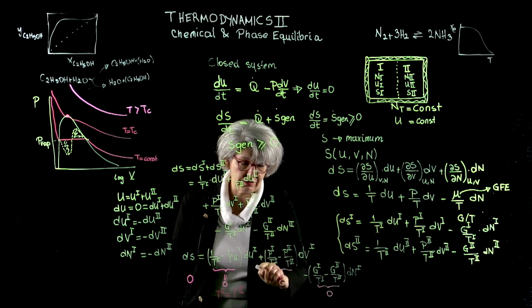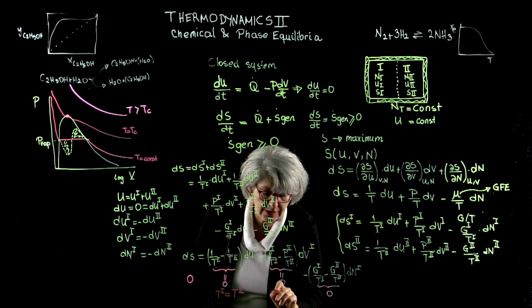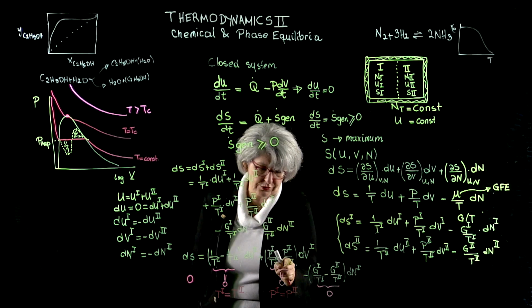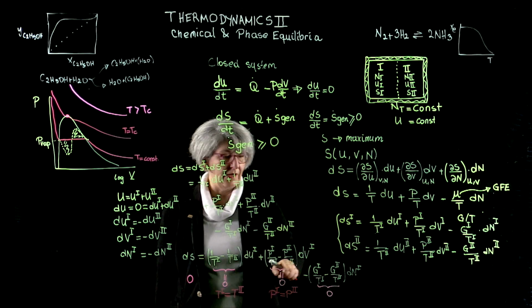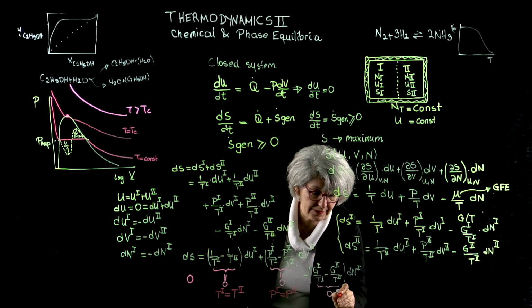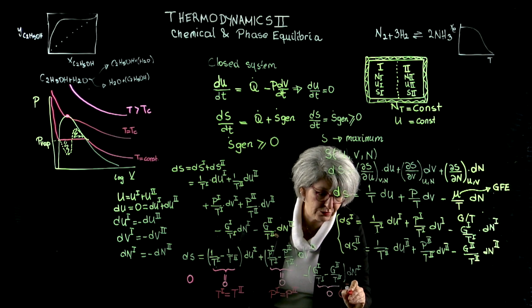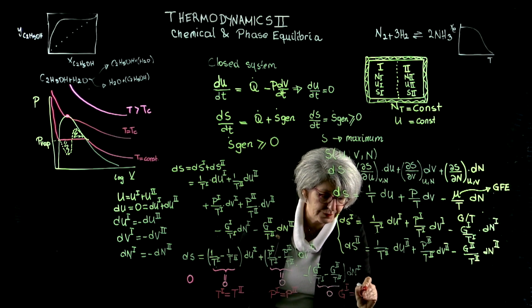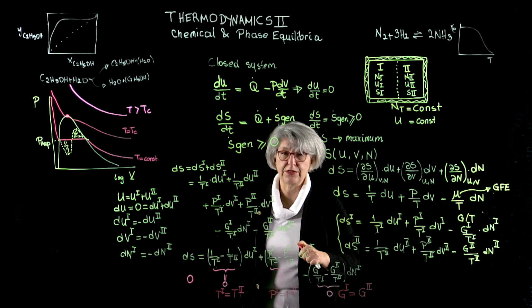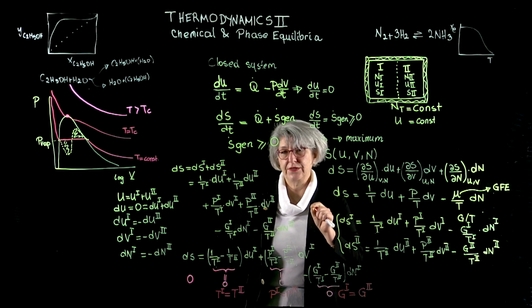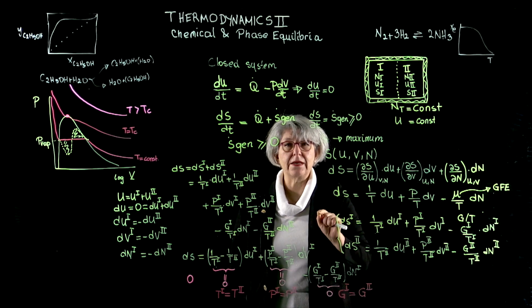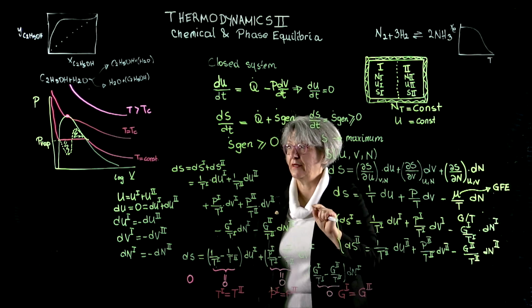If this is going to be 0, pressures must be equal. Right? T1 is equal to T2, they cancel each other. And from here, we get G1 is equal to G2. Partial molar Gibbs free energy, the chemical potential. Gibbs free energy is the energy that we are going to use very frequently, this term, describing chemical and phase equilibria.